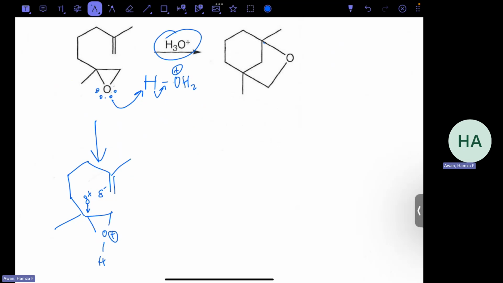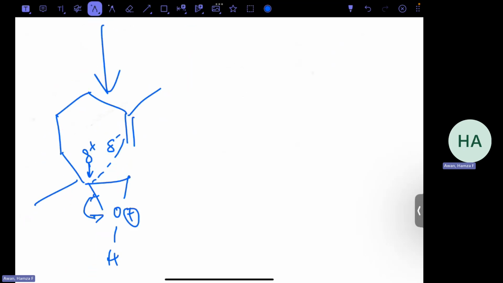H3O is acidic. So whenever it attacks this, it would create this ring closing bond, which would create our 6-carbon ring. And it would break this off, which it wants to do, right? Like this bond wants to break so that this oxygen can have a neutral charge on it, right? So it would attack this partially positive carbon.